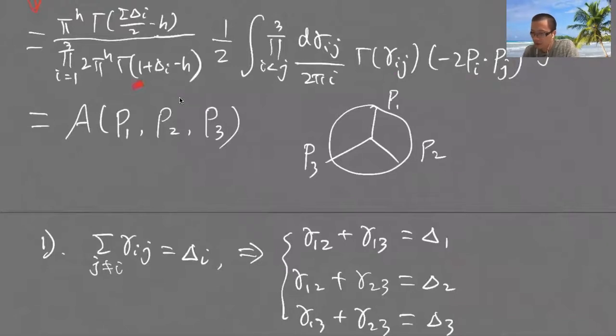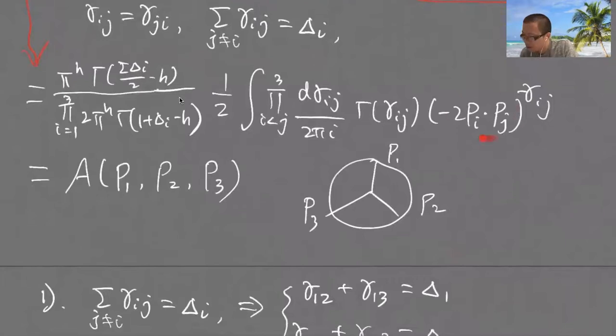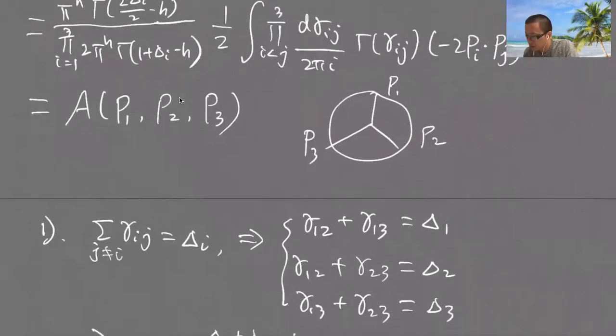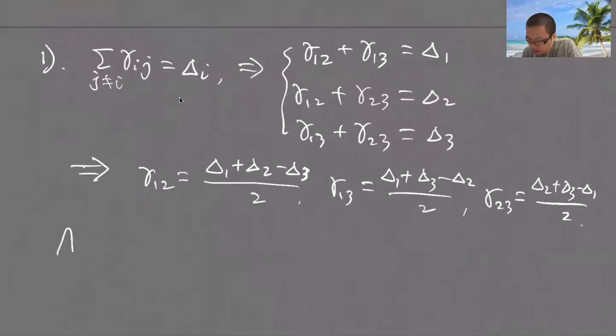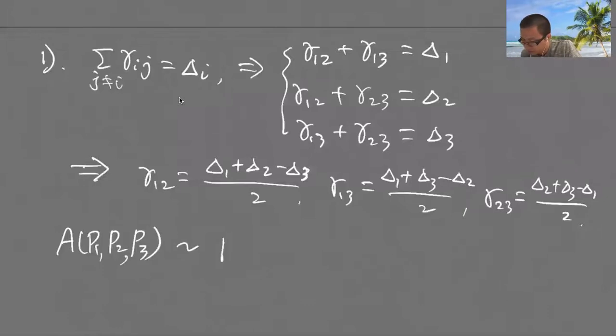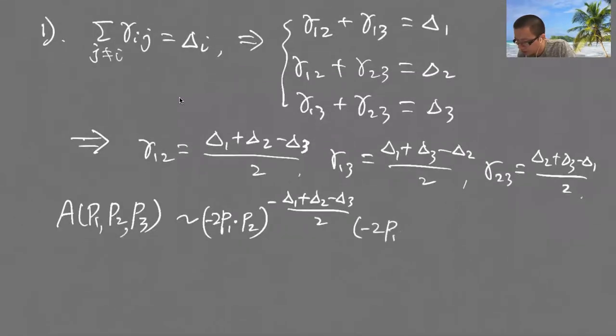Up to those overall factors, the Pij dependence, the spacetime dependence, only appears here, and once you plug it in, we find A, P1, P2, P3 is proportional to minus 2 P1 dot P2 to the power minus delta 1 plus delta 2 minus delta 3 over 2, times minus 2 P1 dot P3 to the power minus delta 1 plus delta 3 minus delta 2 over 2.